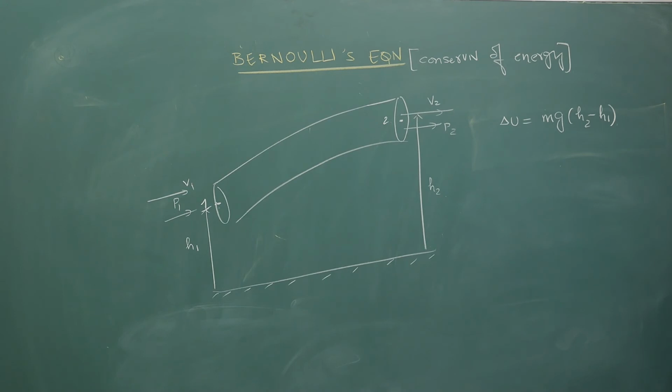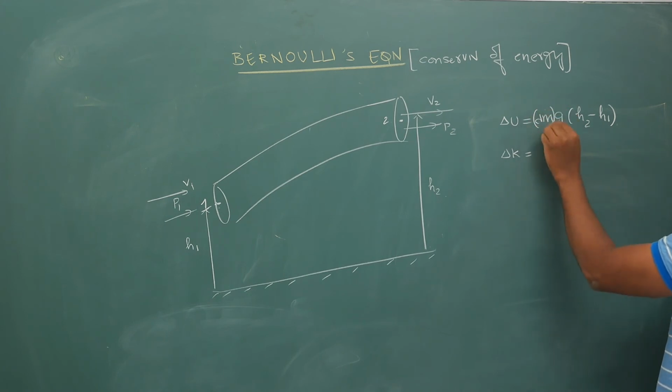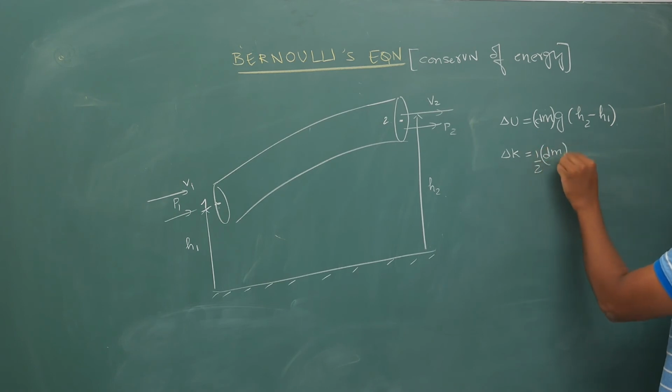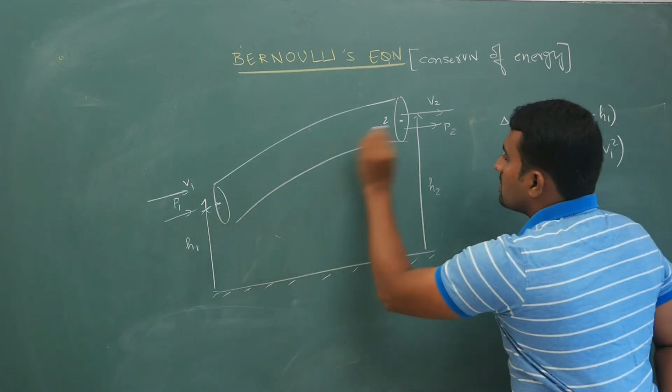Next, the change in kinetic energy for this small mass, I am taking the small mass as dm. The change in kinetic energy is half of dm into v2 square minus v1 square for the fluid particle, when it moves from this end to this end.